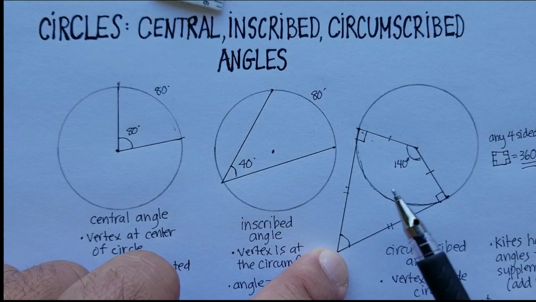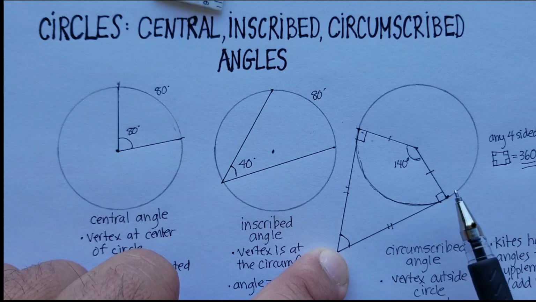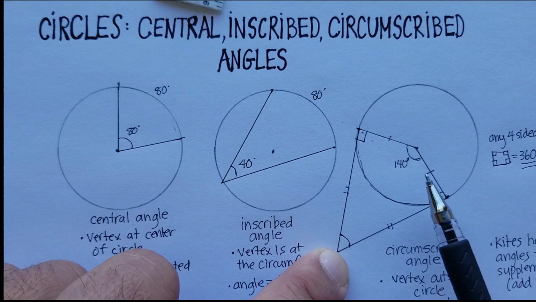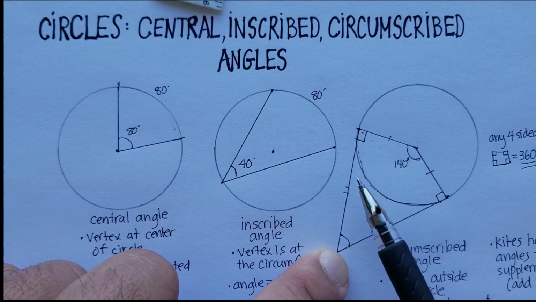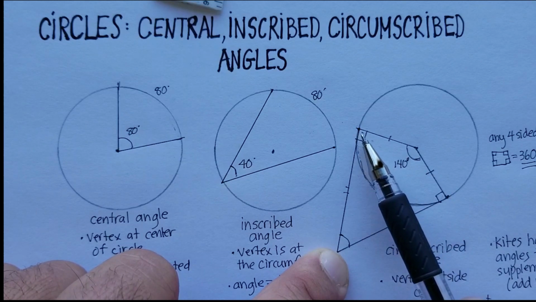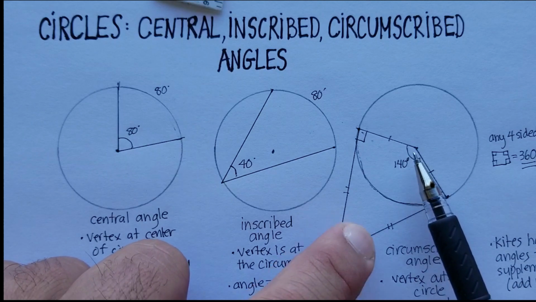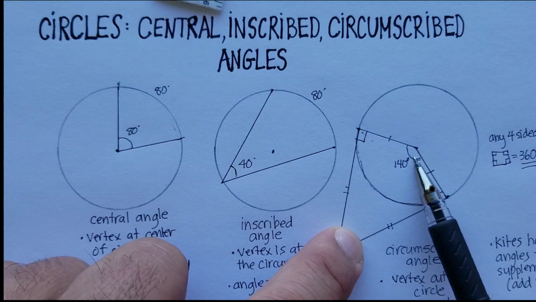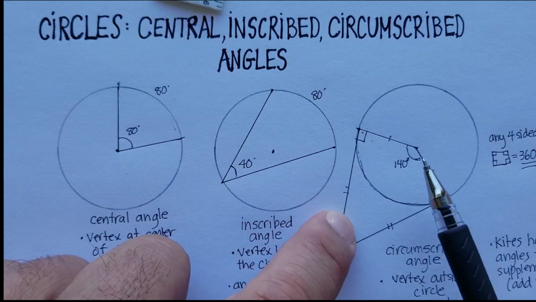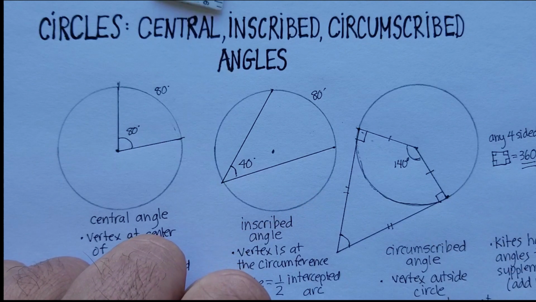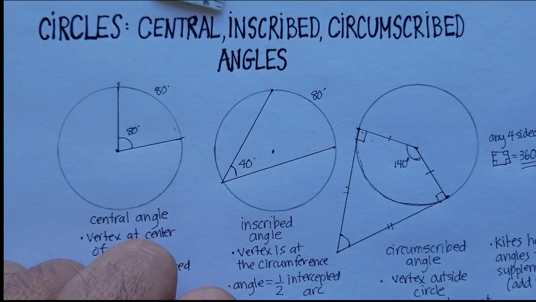And if it's a circumscribed angle, it forms two tangent lines, which in turn form perpendiculars to the center, forming a kite, with two 90-degree angles here, which means that these are also supplementary, adding up to 180 degrees. If you knew this one, you could calculate this, and if you knew this one, you could calculate this. Okay, that was a little bit long, but I hope that was helpful to you.